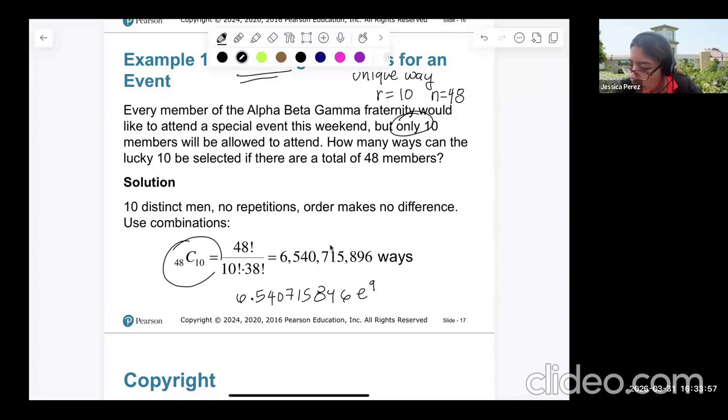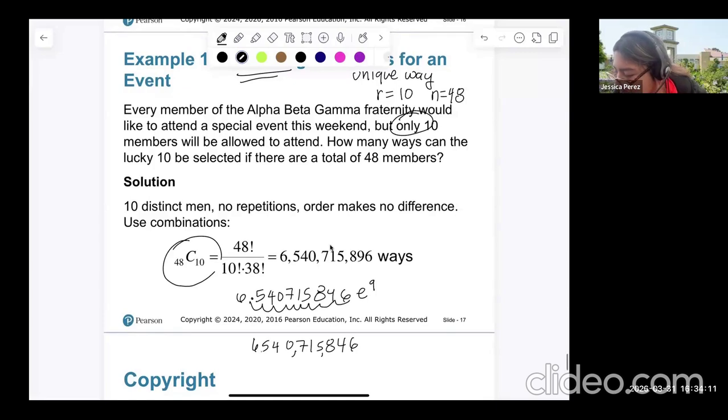So it's 1, 2, 3, 4, 5, 6, 7, 8, 9. So it's 6,540,715,846. Those are the different ways 10 people can be selected out of 48 members.